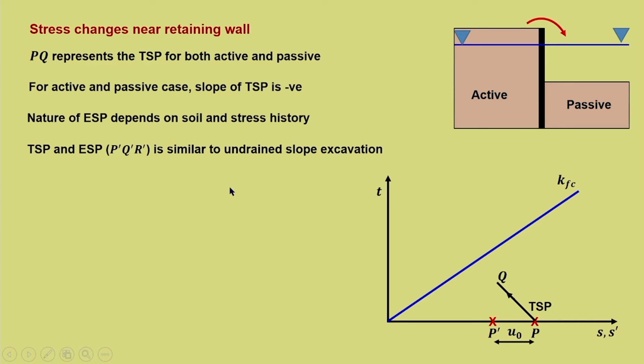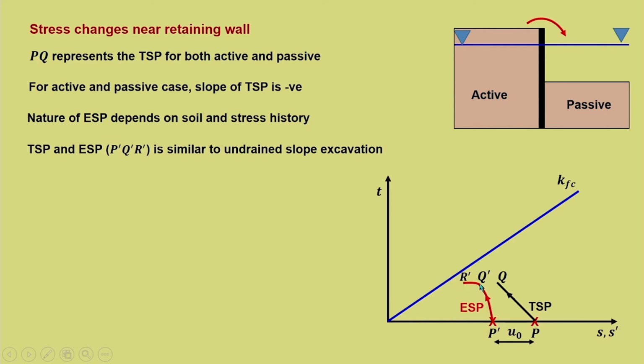TSP and ESP, that is ESP is represented by P dash, Q dash, R dash, is similar to undrained slope excavation, which I already told. Now, this is the typical response of the effective stress path, where this is P dash, Q dash, R dash.